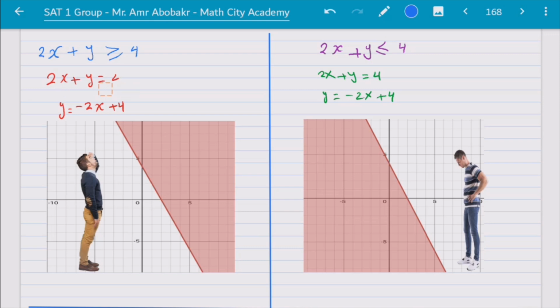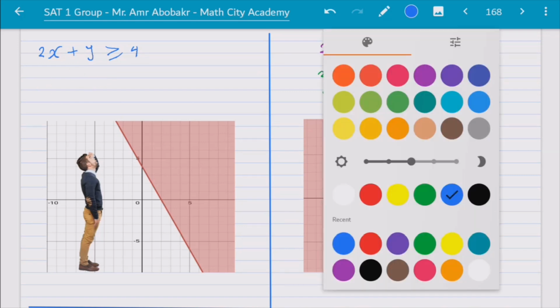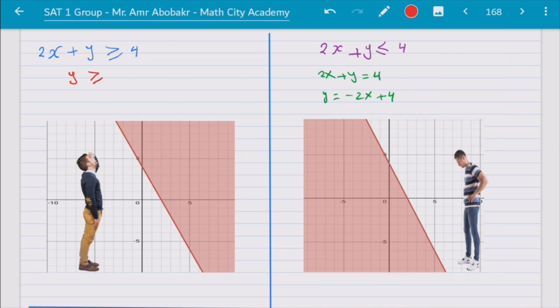Another complicated example, how can we represent it? Now, this is an inequality. The first step, make the inequality like y-intercept form, y greater than or equal to, bring it to the other side, negative 2x plus 4.